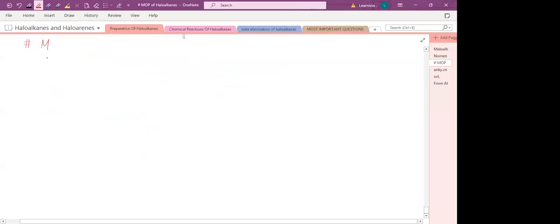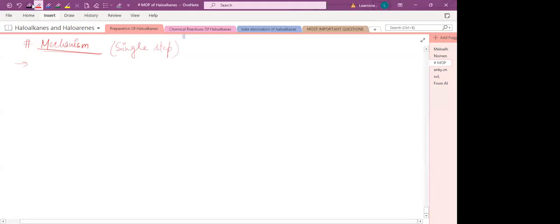It has a quite simple mechanism. You know very well, this is an SN2 type of reaction, so it has a single step. The reaction proceeds in a single step, meaning the breaking of the bond and the formation of the bond both happen in a single step.